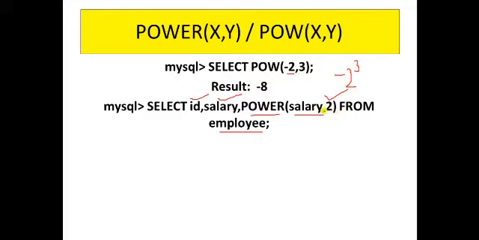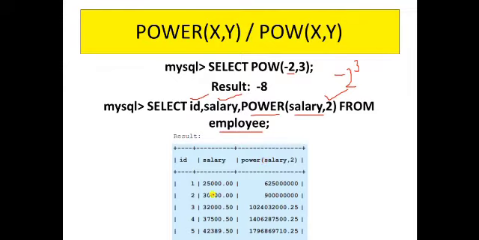Here also you can write the name of the column depending upon your requirement. Now see what we are going to get as the result. So this is salary raised to the power 2. If you calculate, it will come out like this when you do this raised to the power 2, this raised to the power 2 and so on. This is going to be your final answer. I hope the power function is all clear to you all.